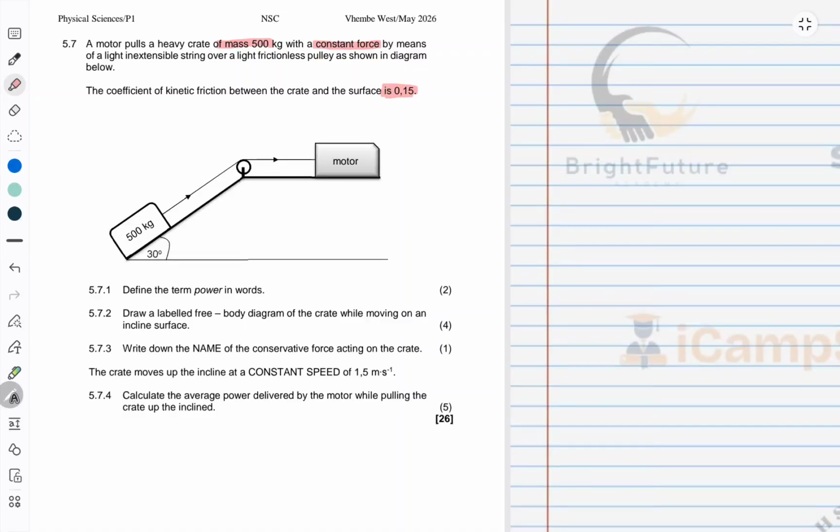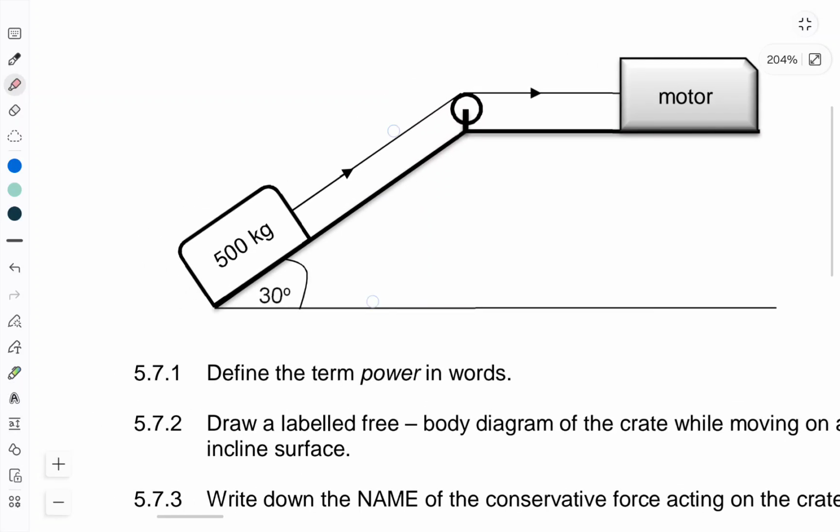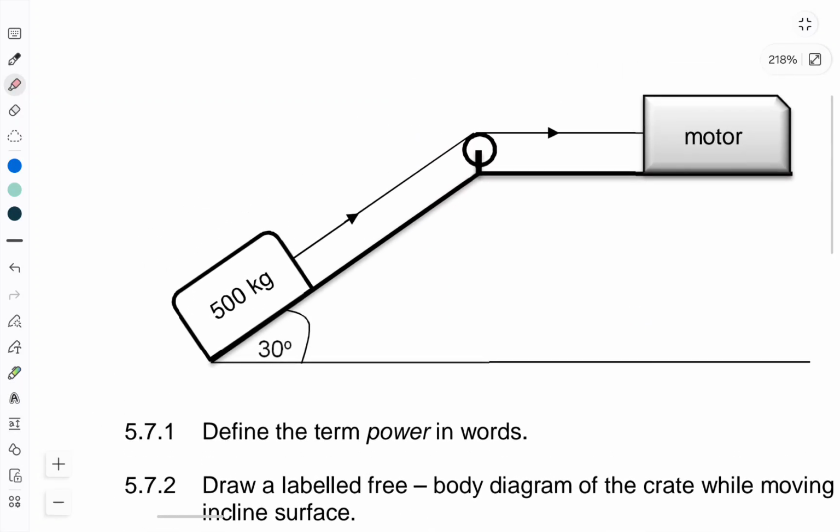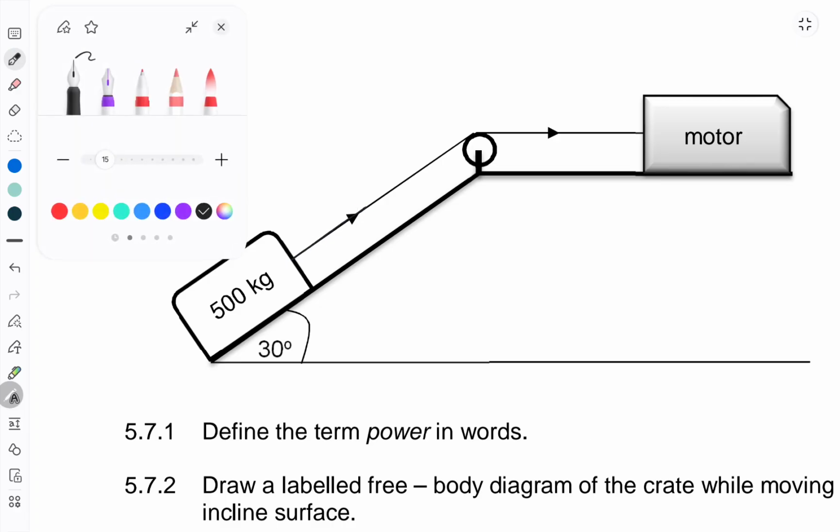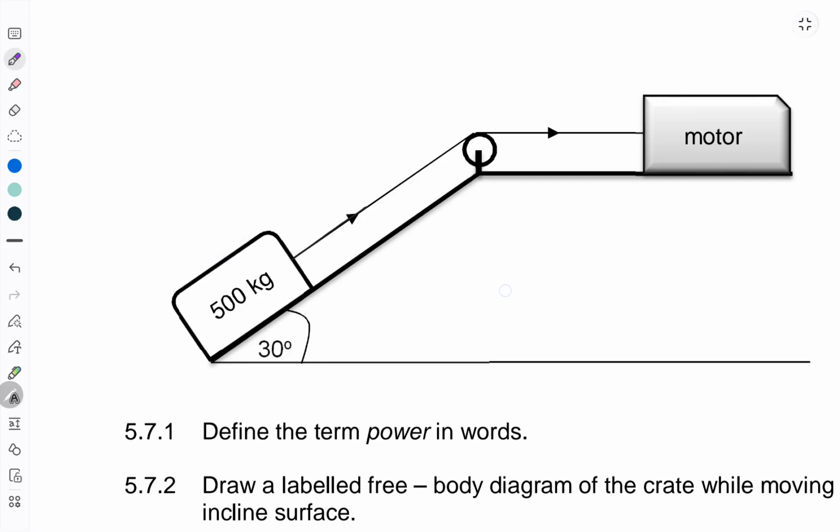It has friction. Okay, so remember what I always say, you come here, you annotate. We don't really care about the motor, they didn't give us anything about it, but there's tension here, right? There's tension here, T. Then we have our normal force, N. Then there's weight, which is always acting downwards.